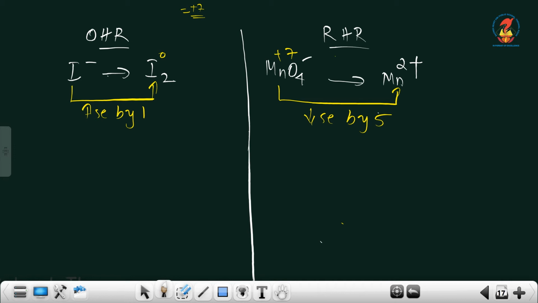So the first step is, when we assess the oxidation state, here there is a twist. There is a small difference here. What is the oxidation state of iodine? It is -1, and how many iodine here? 1 iodine. So -1 into 1 is -1.